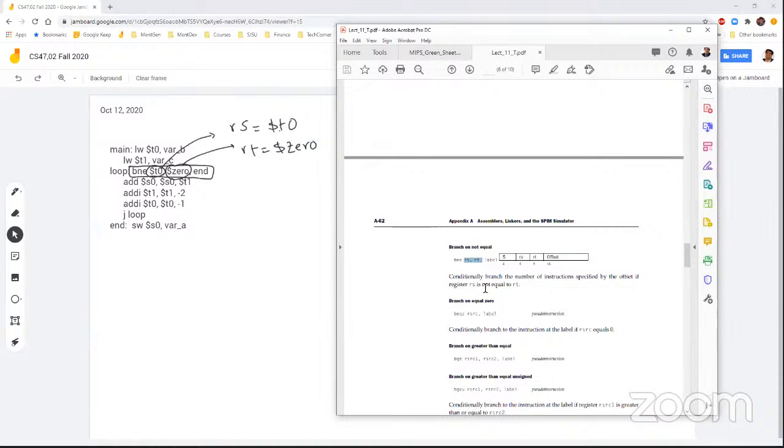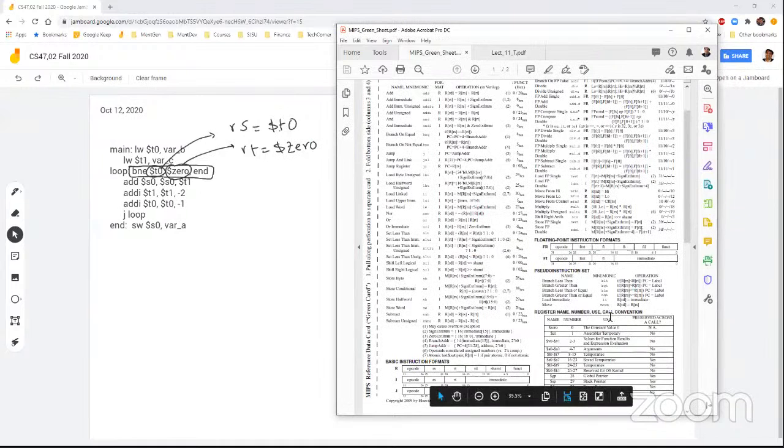Now what we need to look at is their register numbers. $0 is register number 0, and $t0 is 8.